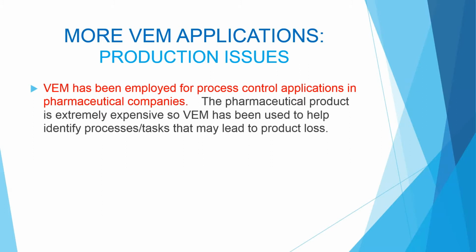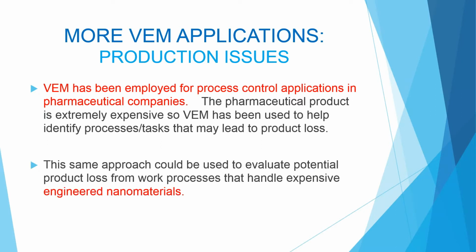Now, in addition to occupational hygiene, just for fun, I wanted to share with you also some process control applications. This has been used in the pharmaceutical industry. Pharmaceuticals are expensive. They don't want to be losing that product. So they have used VEM to identify work processes and activities that can lead to product loss in the production line.